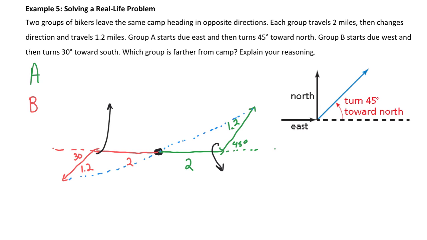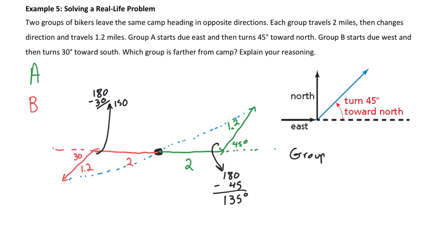One of them's further away. So to find this angle, 180 minus 45 is 135. 180 minus 30, that's going to be 150. So group B formed a bigger angle, which means group B is a further distance from camp.